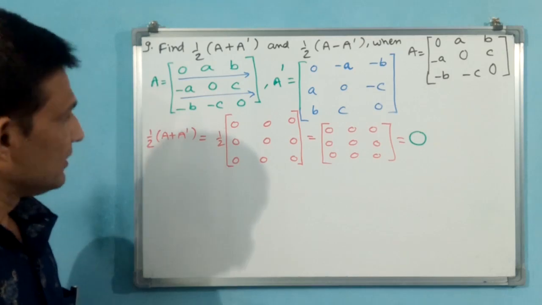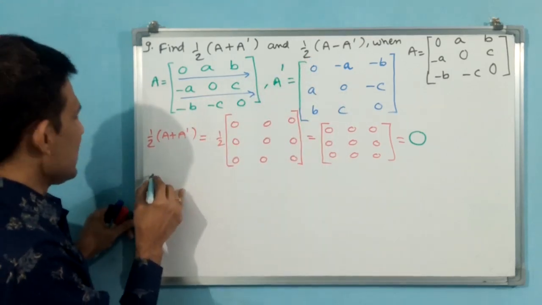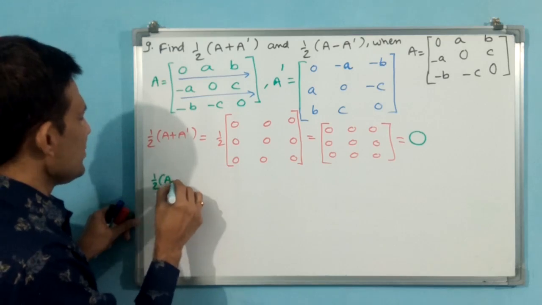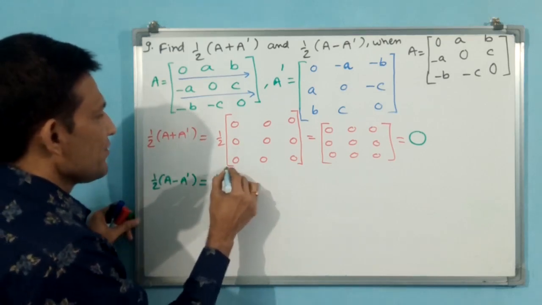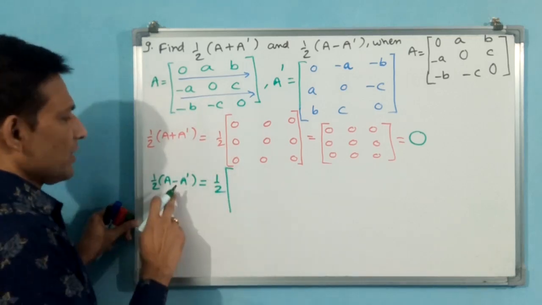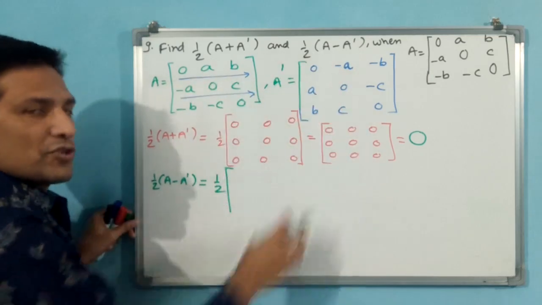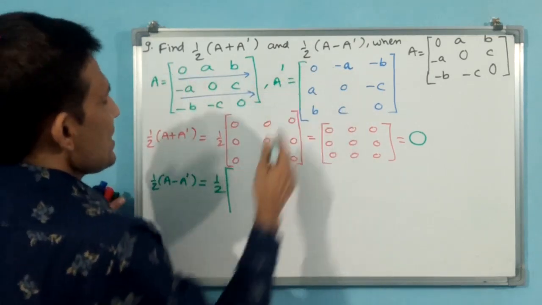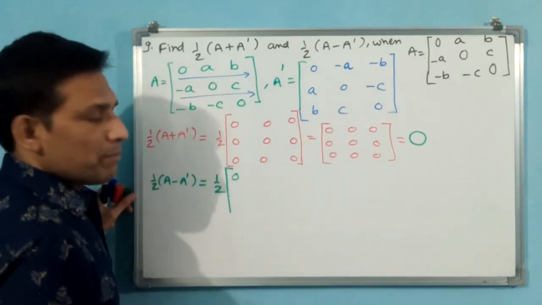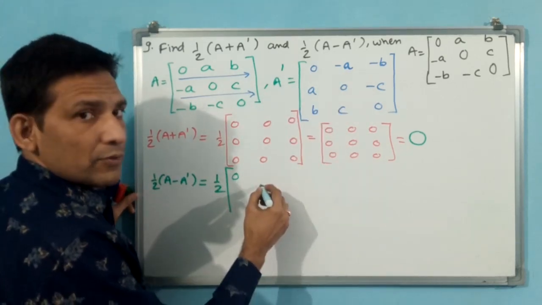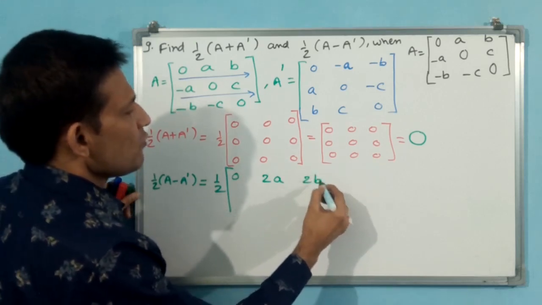A minus A transpose. Okay, let us find 1 by 2 into A minus A transpose is equal to 1 by 2 into A minus A transpose. See, now we have to subtract this from the original. Okay, 0 minus 0 is 0 only, but a minus of minus a, 2a. b minus of minus b, 2b.